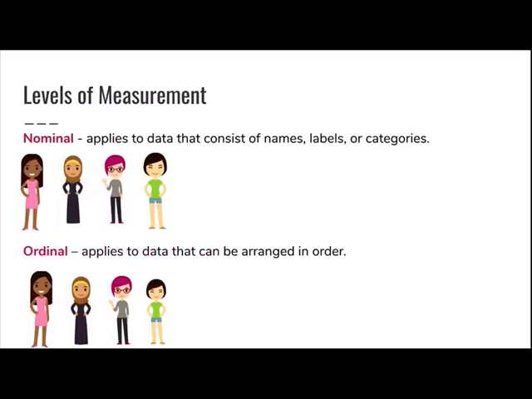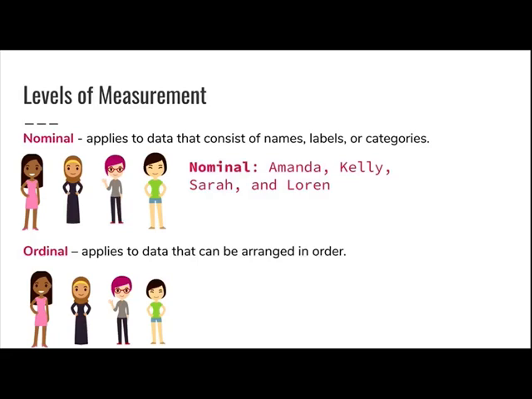With levels of measurement, nominal applies to data that consists of names, labels, or categories. So I have my 4 people here, and if I were to say their names are Amanda, Kelly, Sarah, and Lauren, this would be at the nominal level.